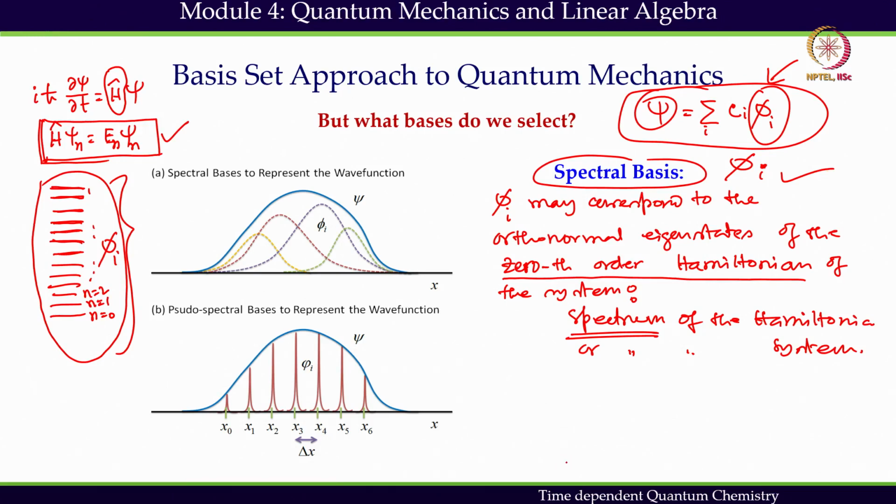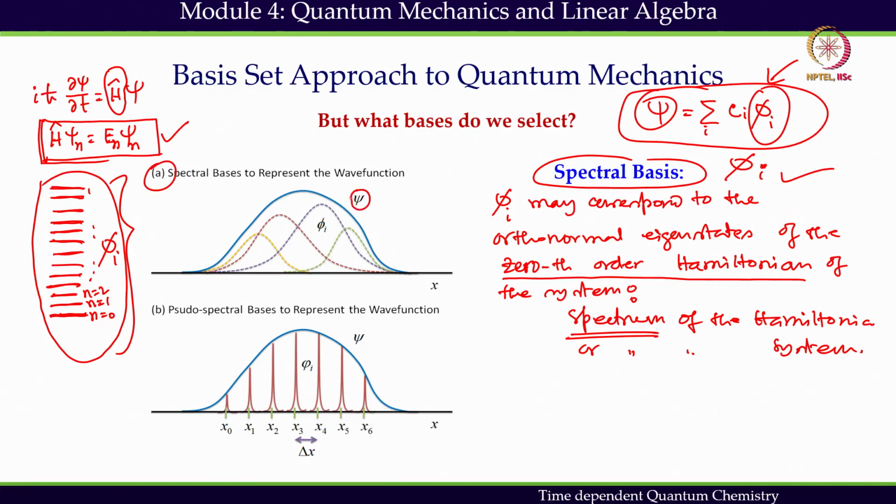And what is the property of the spectral basis? We know that each function represents an eigenstate of the Hamiltonian, and each function by its own nature is delocalized. For an example, I have shown here a schematic representation of the spectral basis.